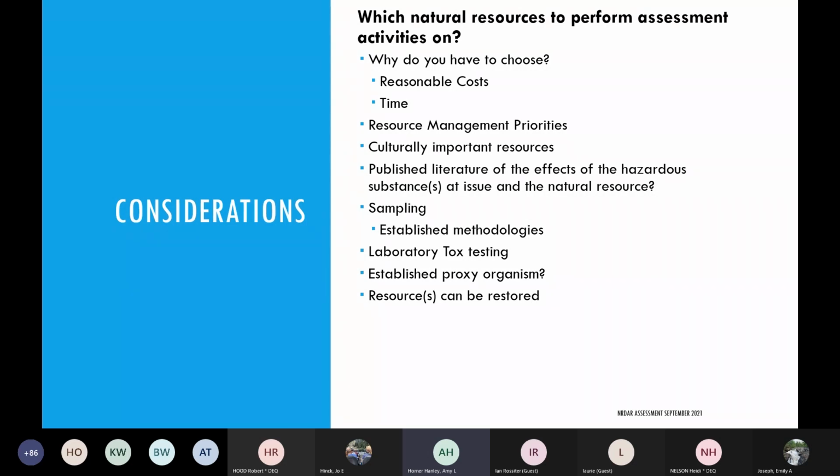Same thing for sampling. There's often different sampling methodologies, and so you want to select established methodologies, ones that are well accepted in the community. Some of these, like the state might have published, this is their standard vegetation survey methodology, and so that may make your decision easier, right?